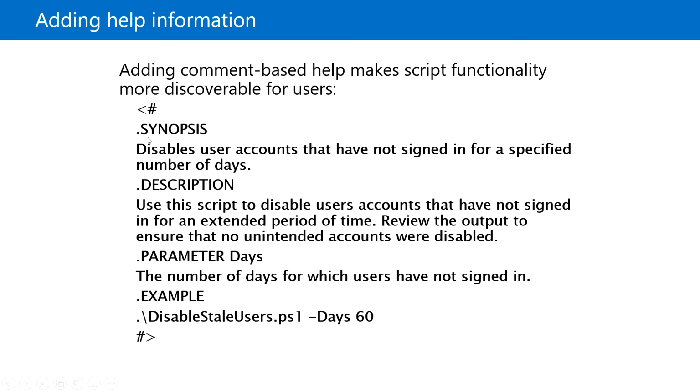Each section starts with a period, for example .DESCRIPTION or .SYNOPSIS. You can see that we put the dot followed by the description, parameter or example. We need to use this kind of syntax for the help information.